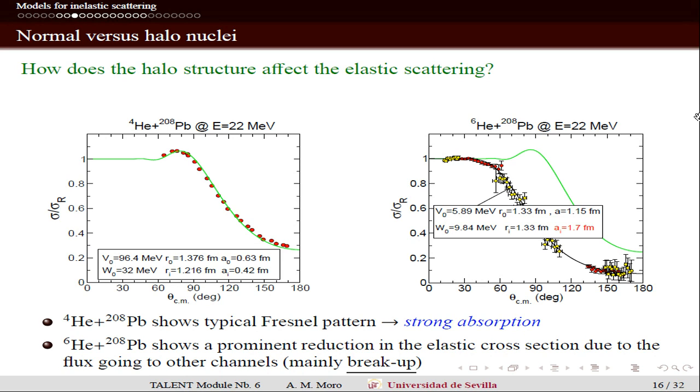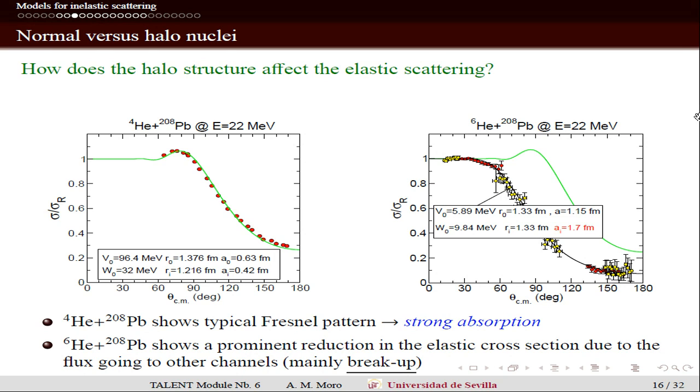On the right, we have helium-6 data. This is actually a combination of two different experiments done at Louvain-la-Neuve, and you see that it's a completely different situation. If you try to use the same potential, just scaling it to account for the larger radius of helium-6, so using maybe the same reduced radius but multiplied by the mass of helium-6, then you get this green line that gives you again this Fresnel pattern.